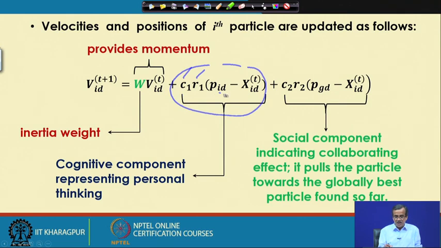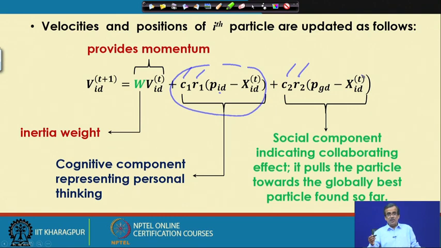Now, the last component is C2 R2 multiplied by (P_gd minus x_id(t)). Here C2 is the social constant, R2 is a random number lying between 0 and 1, and P_g indicates the globally best solution corresponding to the dth dimension, minus x_id(t).